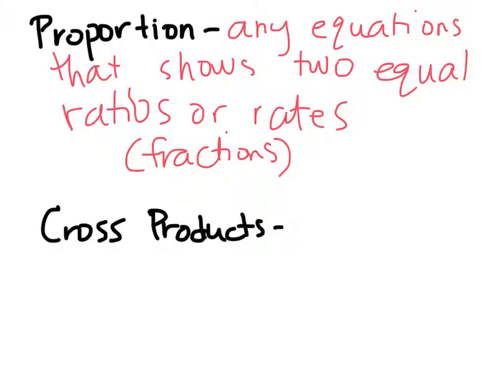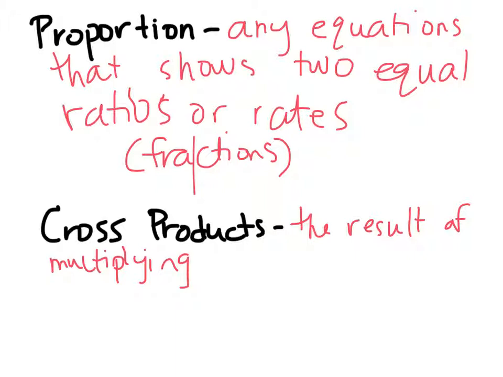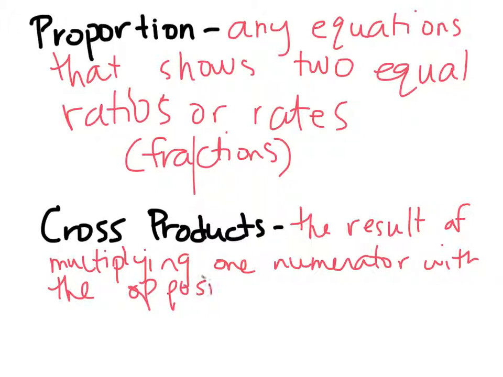So cross products are the result of multiplying one numerator with the opposite denominator in a proportion.